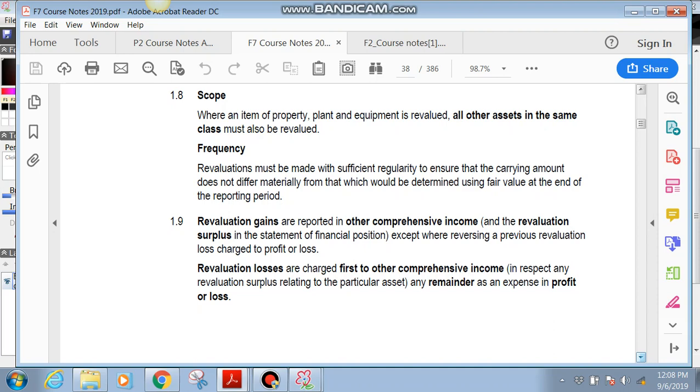Now, two things will happen when you revalue an asset. You could either get a gain or a loss.